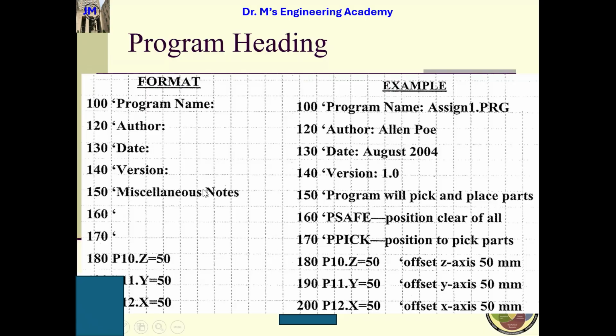You can write miscellaneous notes, all these things, as long as they are meaningful for you and your team members. Then you can specify, for example, this is the Z offset, Z axis 50. So here, from 100 to 170, these are the comments. The comments are used to enhance the readability of your program.